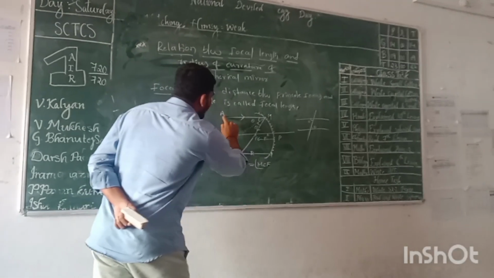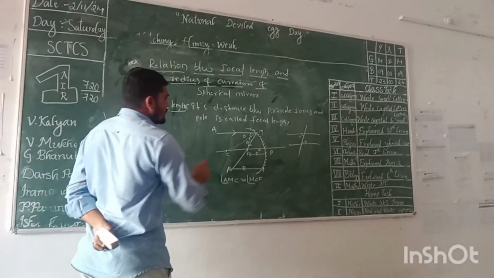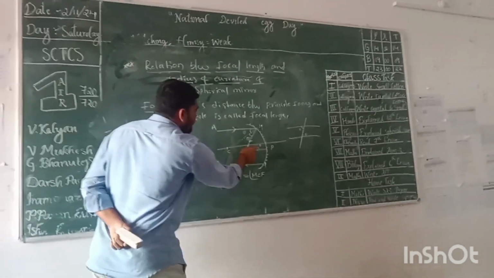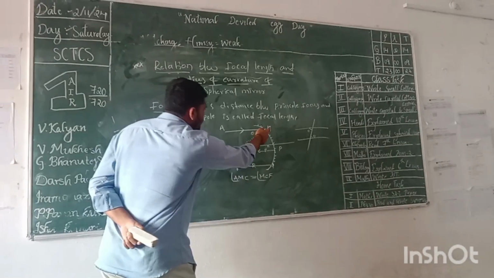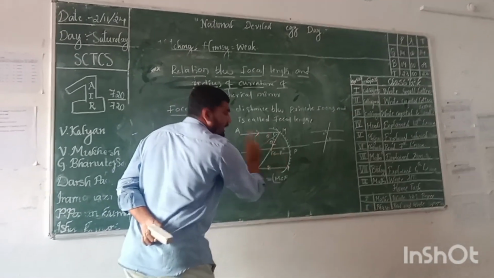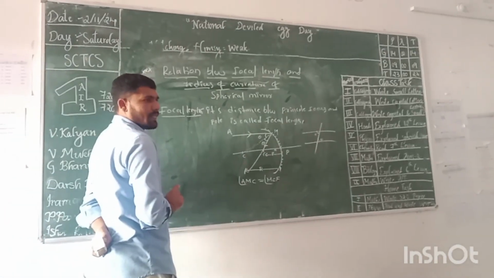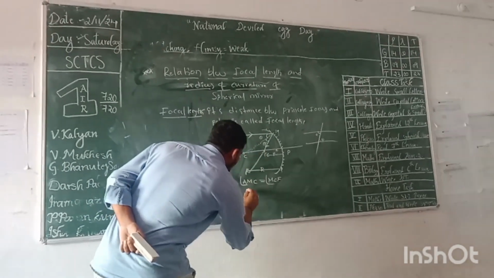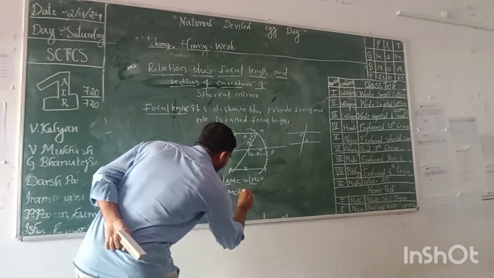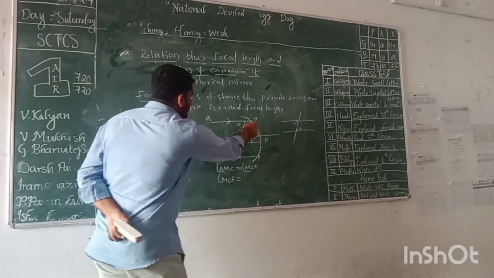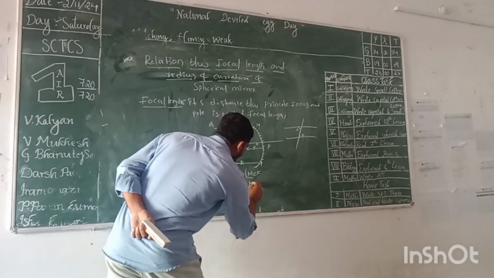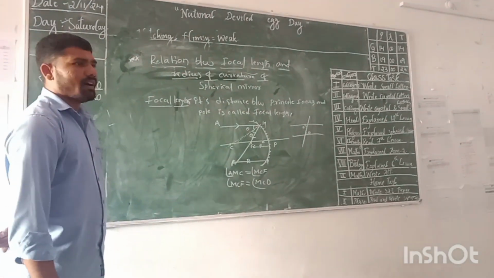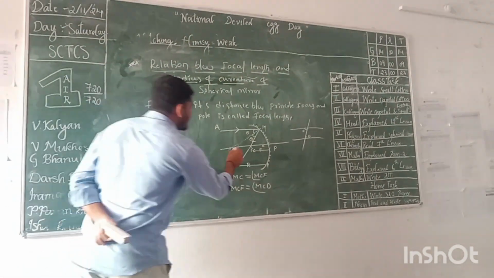Next we have triangles AMC, MCF, MFC and MCD. In triangle MCD, we have to find this theta.